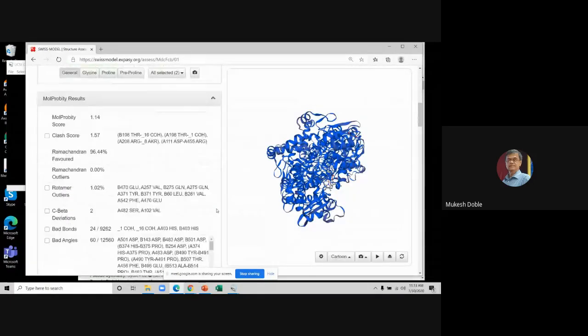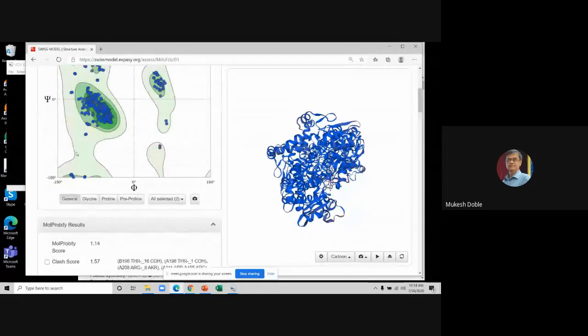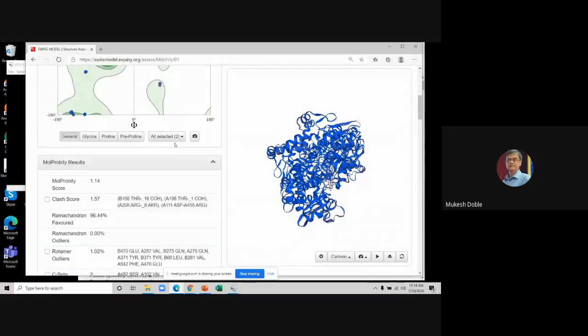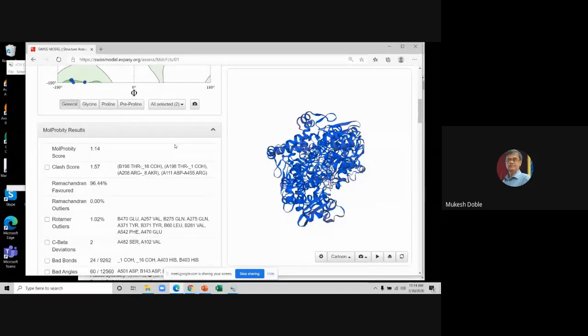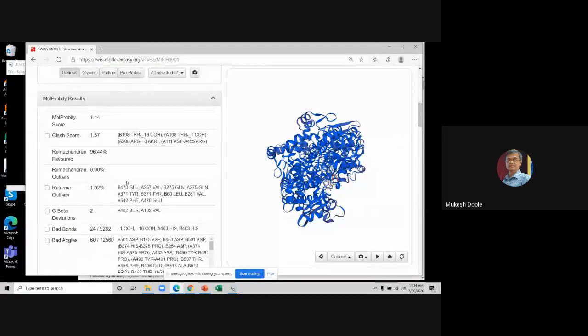Okay, and then it gives you this, which is called the clash score. That means the successive amino acids which are clashing are given. That is here, these outside ones, whereas those inside are not clashing. Okay, so it gives you a clash score. It gives you Ramachandran outliers. So not bad.